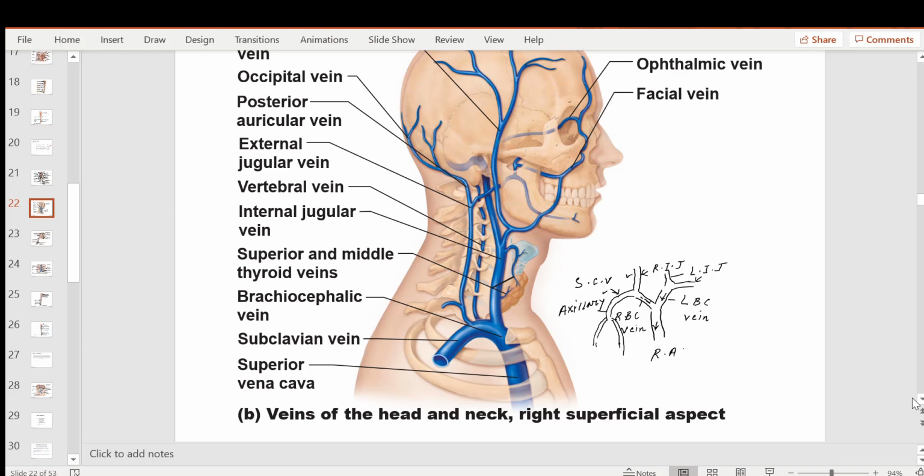Make sense? So these are two large superficial veins of your arm. This is the cephalic vein and this is the basilic vein. Okay, and the axillary continues as a deep vein and it becomes what? The brachial vein in the arm.